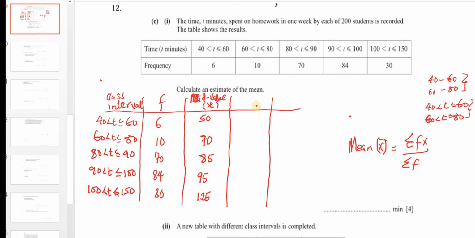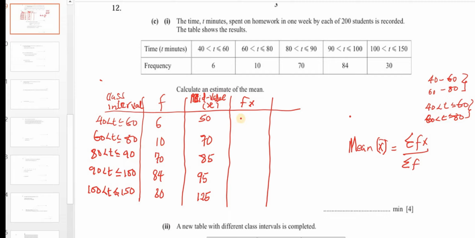All right. Then from the formula, we need to create a column for f times x, that's fx. So we multiply frequency times the mid value for each class.